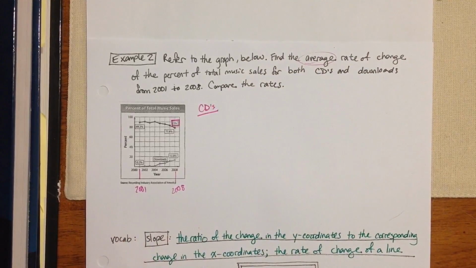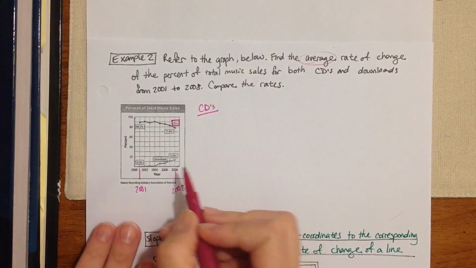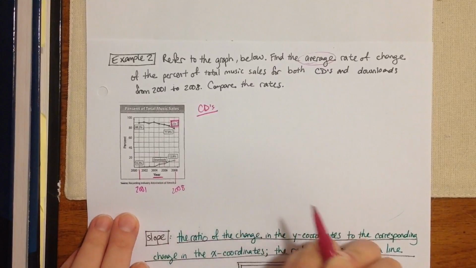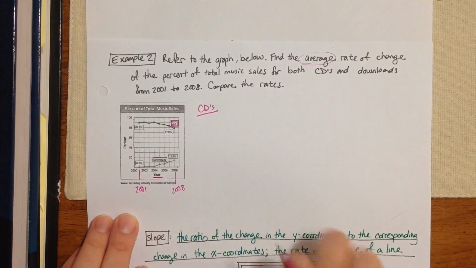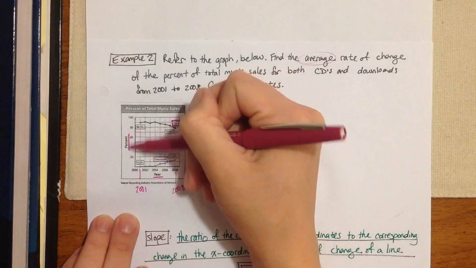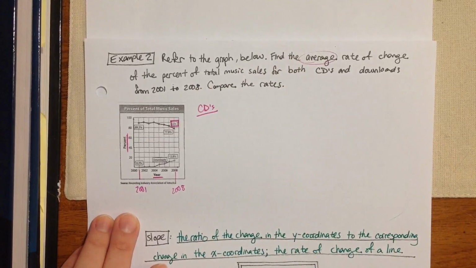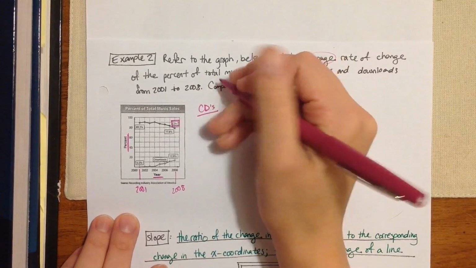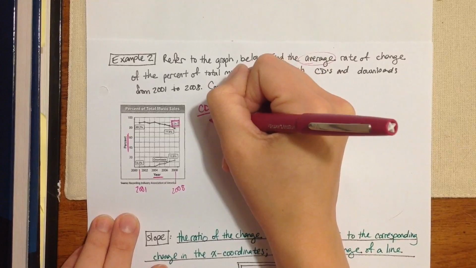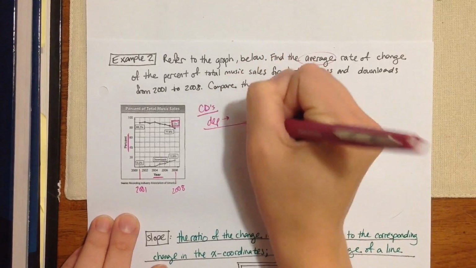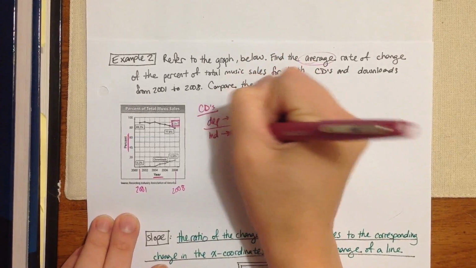Again, my independent variable is going to be time, and really that's my x as well, the year. My dependent variable is going to be the percentage of these sales. So here we go. I'm going to do change in the dependent variable divided by change in the independent variable.